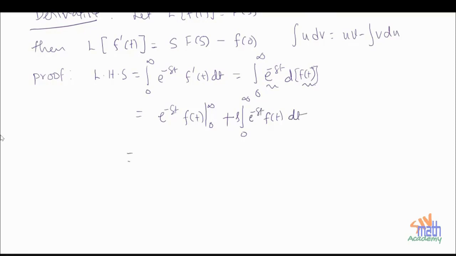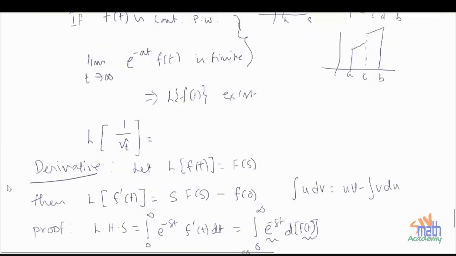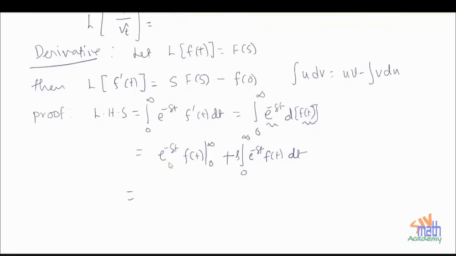Due to exponential order, for existence, the function is said to be of exponential order if this quantity is finite, provided this function is also of exponential order. Therefore, this quantity will be a finite quantity.